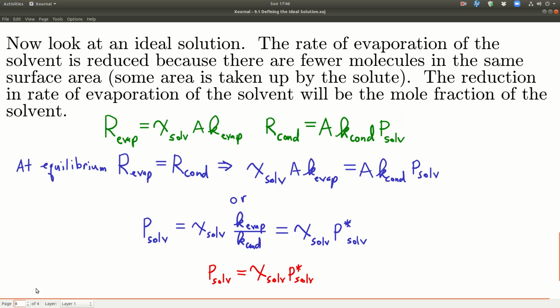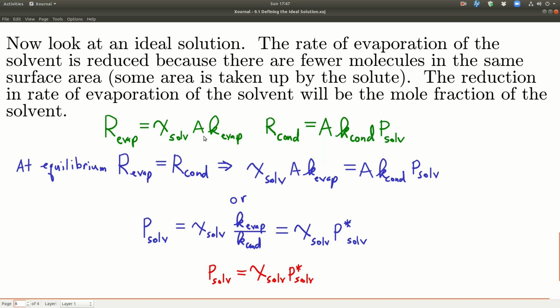Now, let's throw a solute in there, an ideal solution. And again, remember, this is where all the interparticle interactions are of the same strength. However, because now we have solute particles in there, they're going to reduce the surface area where the solvent molecules can evaporate. We're not going to worry about the solute particles evaporating now.